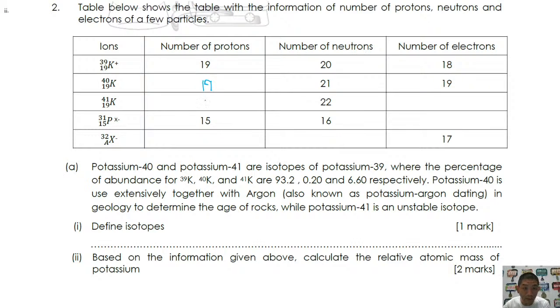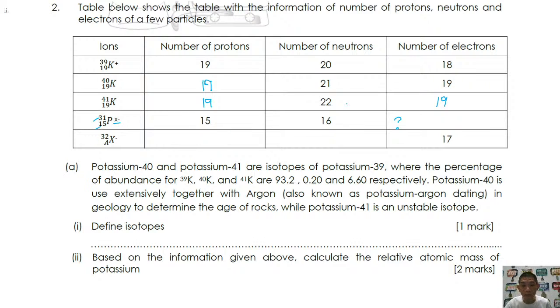Then 19 potassium is also 19, 22, and the number of electrons is also 19. So P, 31, 15 when you have X minus. Because you don't know what X minus is, you put a question mark in here first. And finally 32 A X is 70.